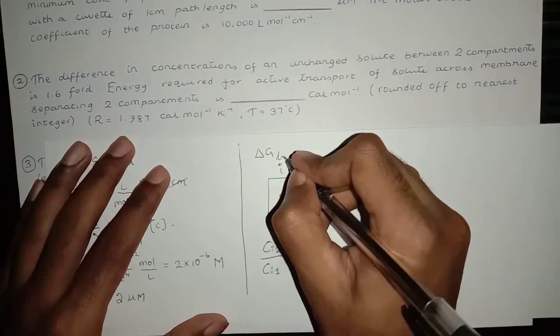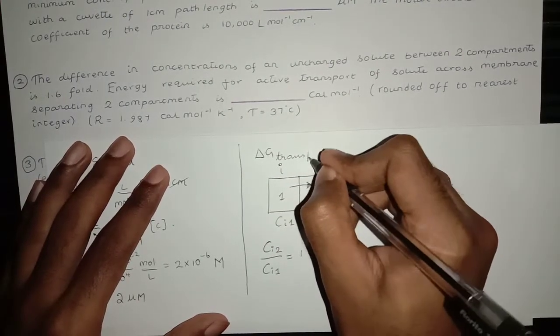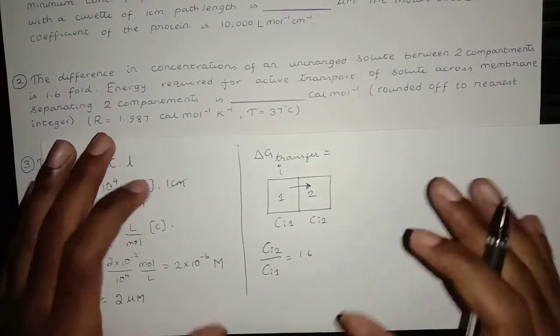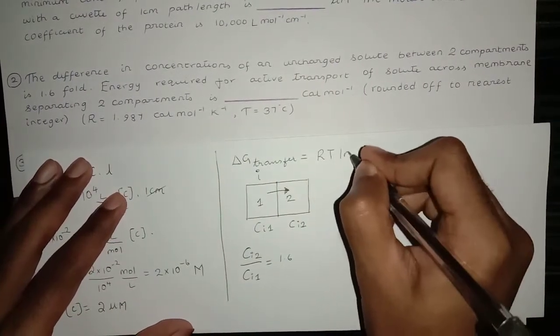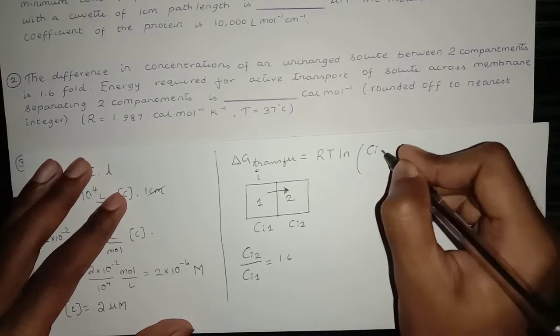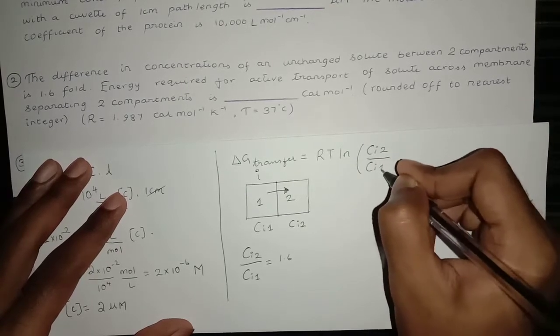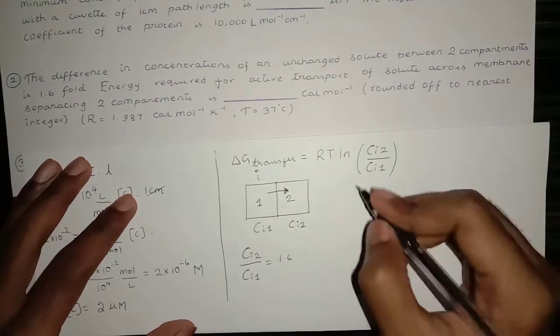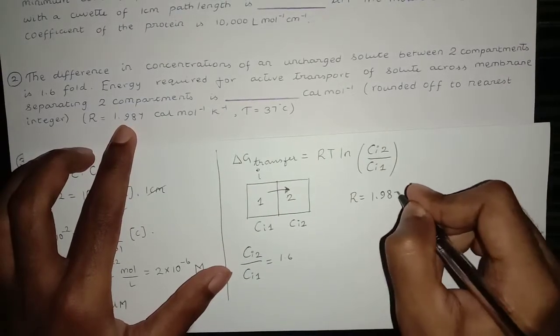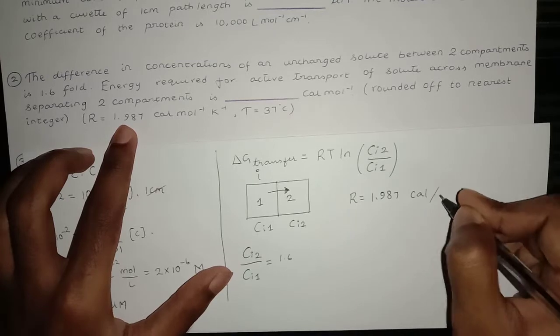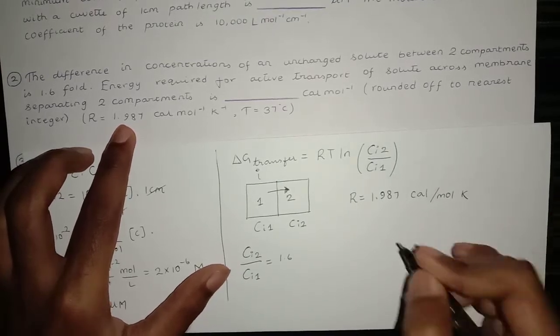We know that delta G transfer, that is energy required for transfer, is equal to RT ln Ci2 over Ci1. The value of R is 1.987 calorie per mole times Kelvin.